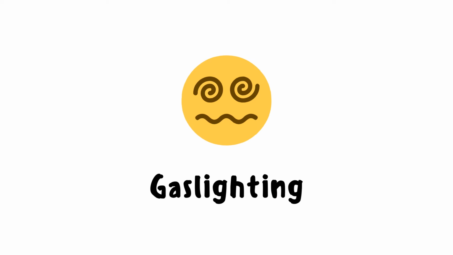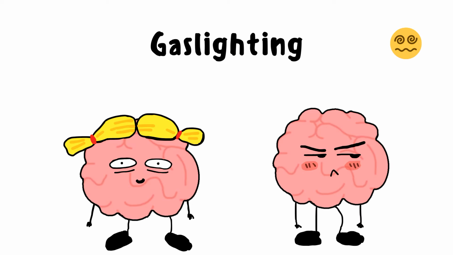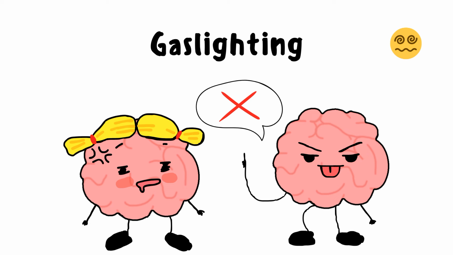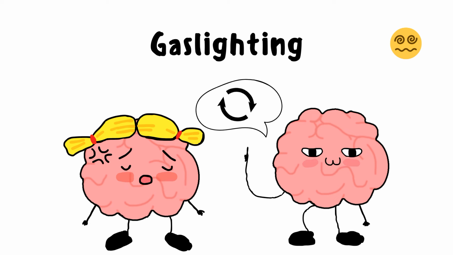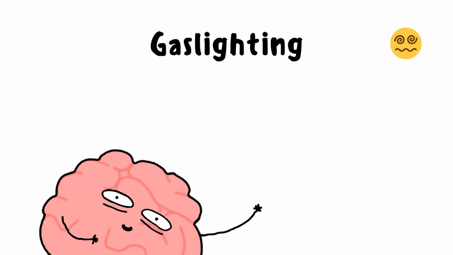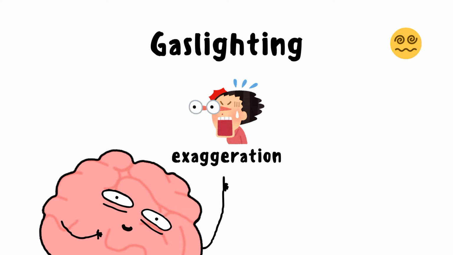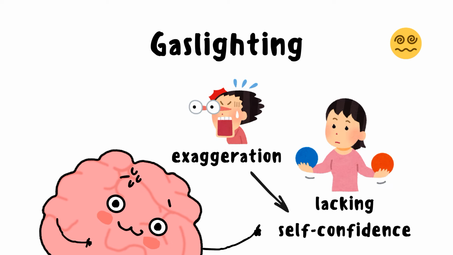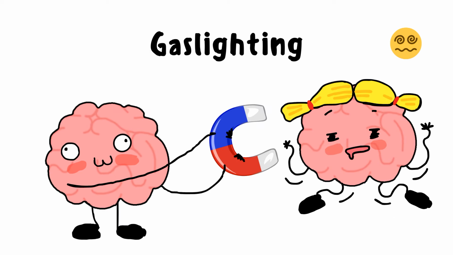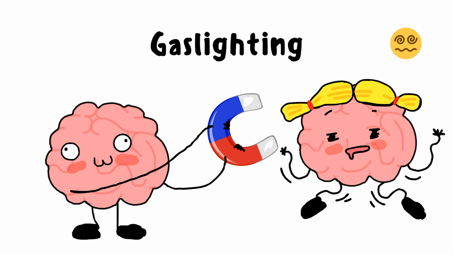Gaslighting. Gaslighting involves the manipulator regularly denying that they said or promised something. They may misrepresent your words or accuse you of misunderstanding them. They convince you that you are exaggerating or overreacting to the situation, thereby causing you to doubt your own memory and stop trusting yourself. You become increasingly dependent on the manipulator's assessments and interpretations.